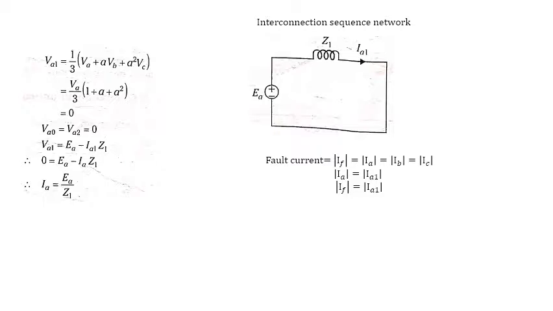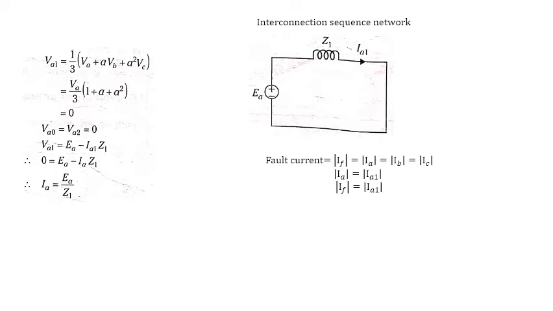Here, grounding or not grounding of the neutral point does not have any impact on the fault current in the case of the three-phase fault on a synchronous generator. However, the fault currents in the three phases are equal in magnitude but are displaced by 120 degrees from each other.